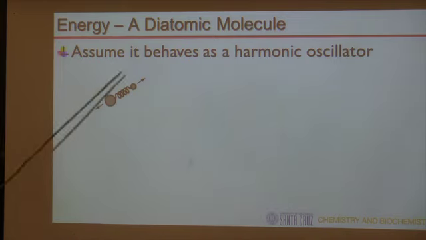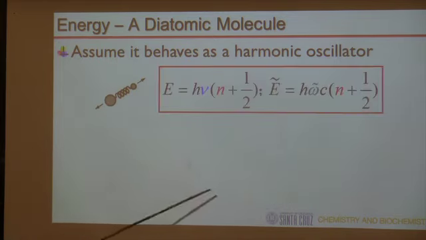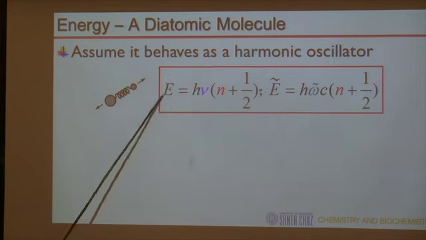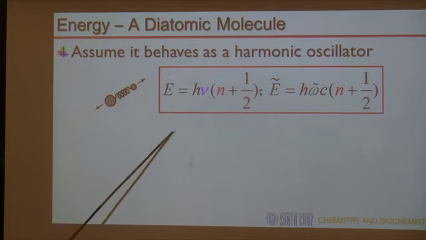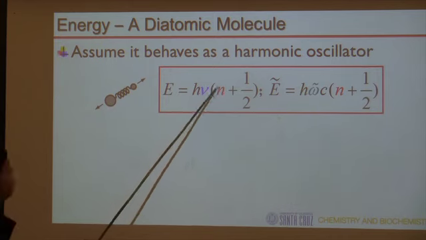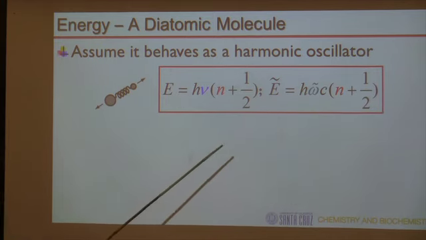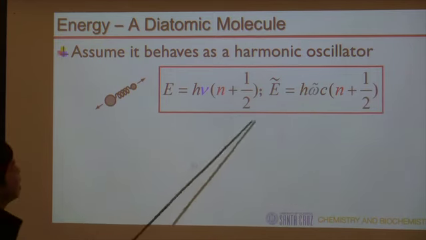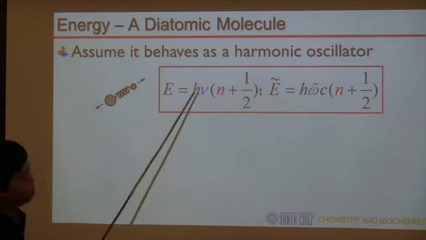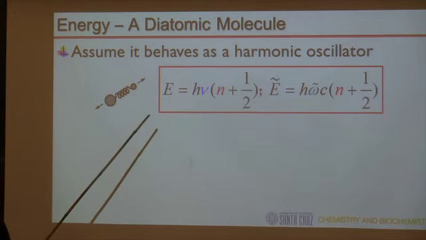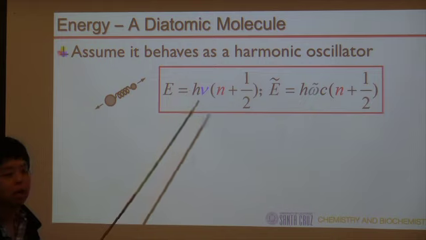If you assume that it behaves as a harmonic oscillator, the energy you will get from the Schrödinger equation is this. Here the energy E, in joules, equals h nu times (n plus 1/2). You can also convert the energy unit to a wave number by dividing by hc.